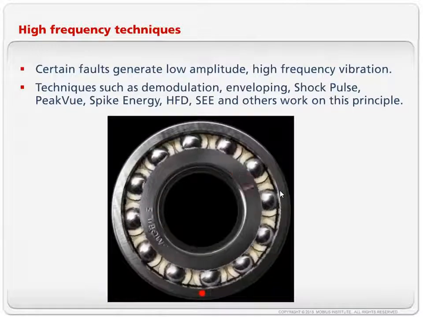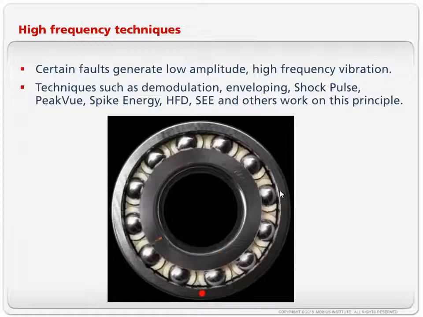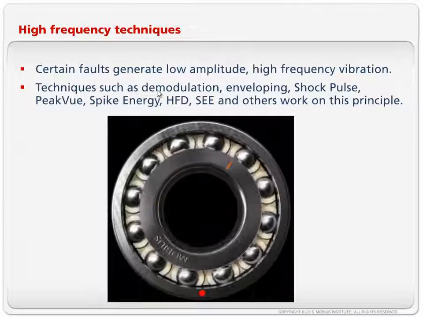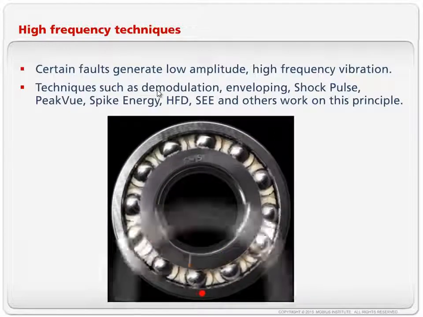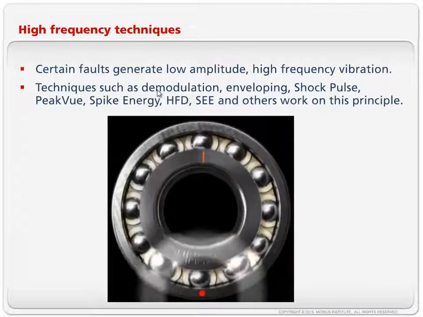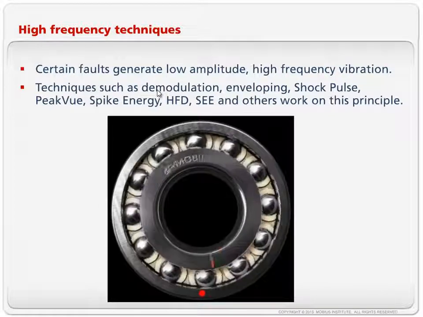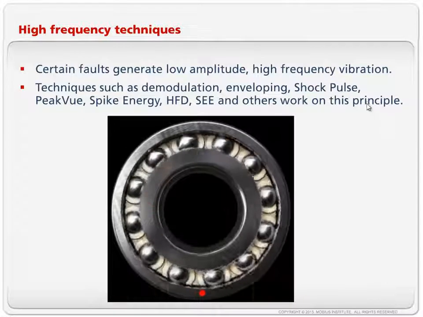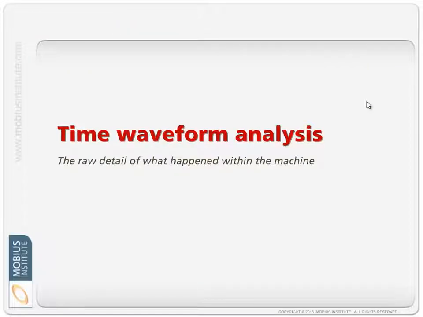So we filter all that away to get rid of it, and then we just focus our attention on the high frequency, low amplitude vibration. And using these techniques we translate that back to the low frequency part of our spectrum where we can do our normal spectrum analysis and look for all those telltale peaks at the key frequencies for bearings and gears and such. Okay, so that's an important technique which you should certainly be using, in my opinion, if you've got rolling element bearings, if you want an early warning.